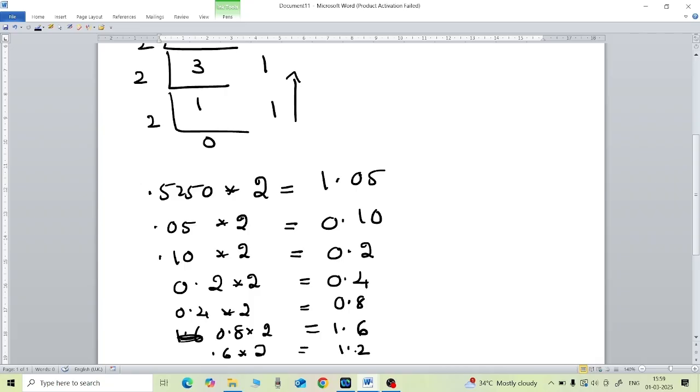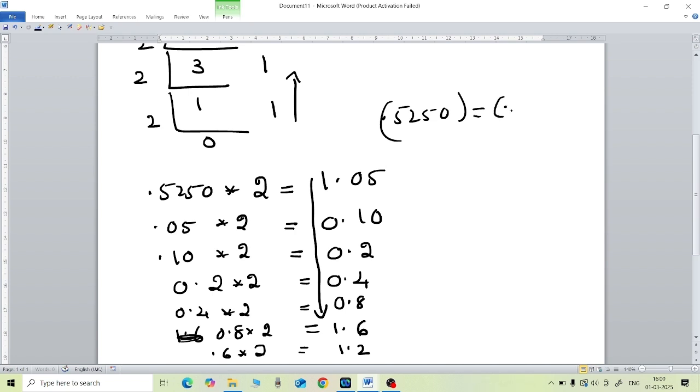So even if we continue, we are not going to get the fractional portion as 0. So it is enough to do up to here. Now take the integer portions top to bottom. So 0.5250 has a binary equivalent.